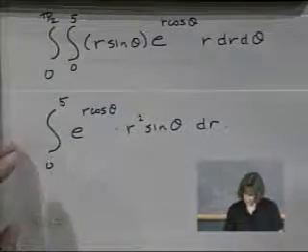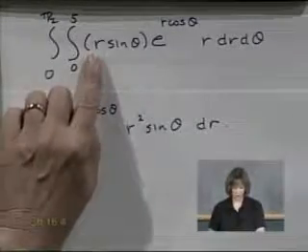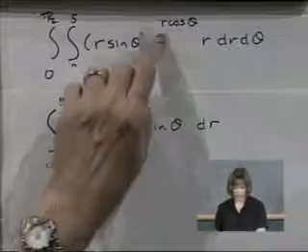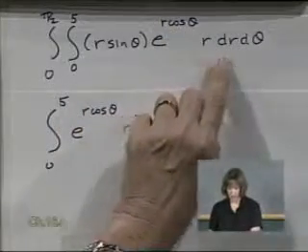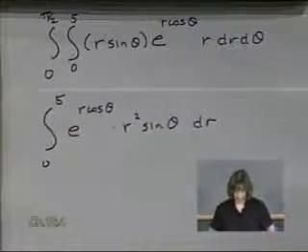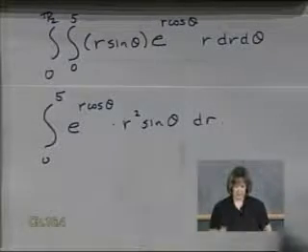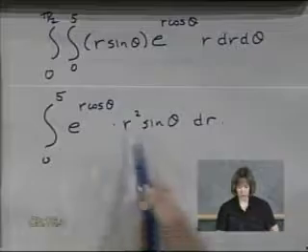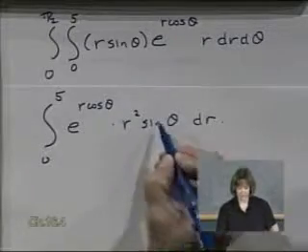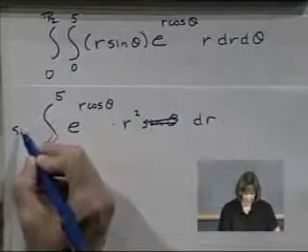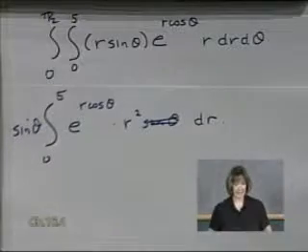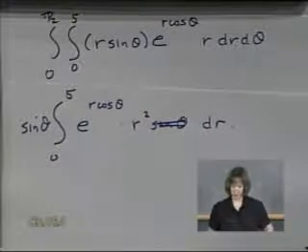I have r sine theta, e to the r cosine theta, and r dr d theta. Now notice with this particular one, if we're integrating with respect to r, you could think of sine theta as a constant, so you can throw this out front. But how am I going to do that integral?